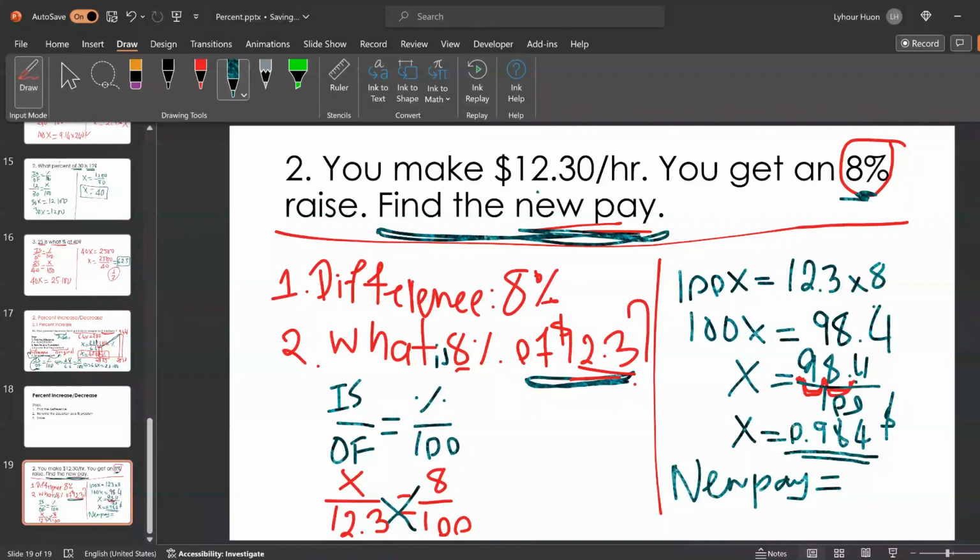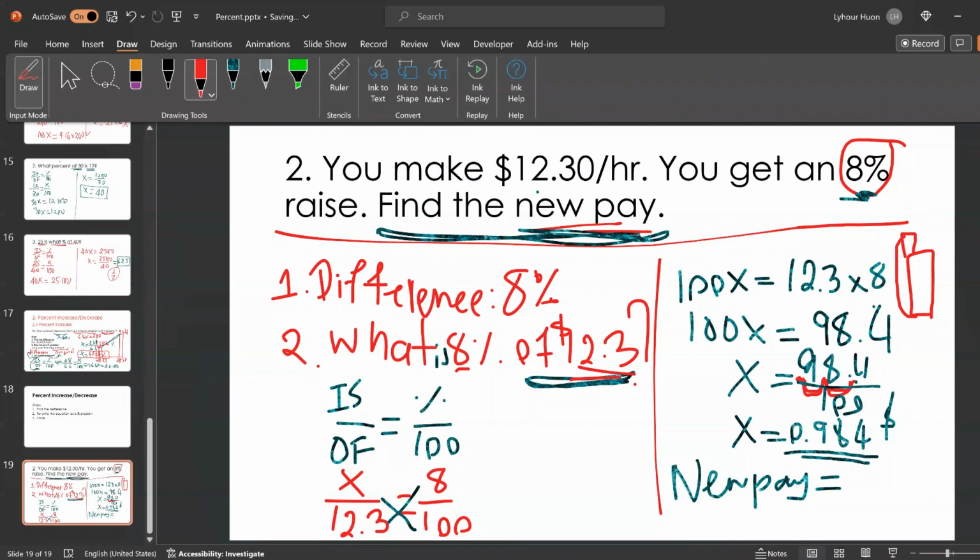So currently your salary is this, but now you get raised another this amount. So now the new pay is from here to here. For example, your salary is here, and then you get raised a little bit here. So your new pay is from here to here.